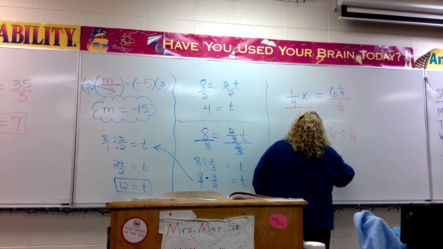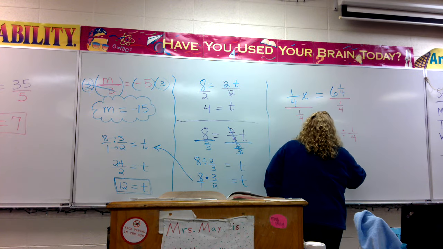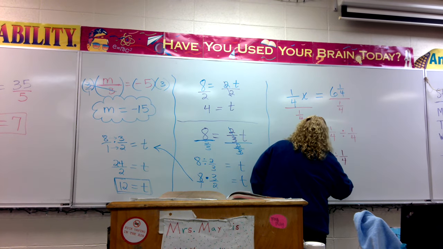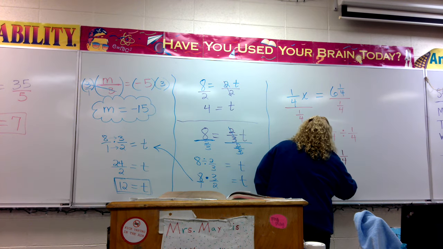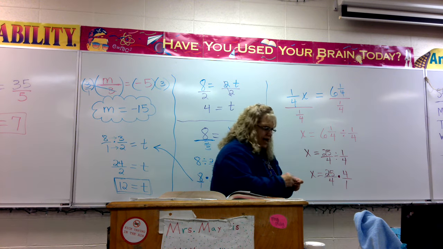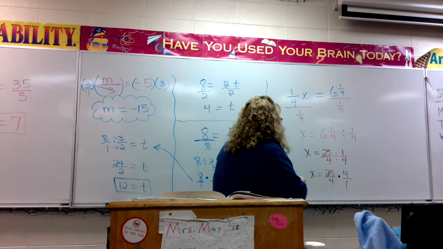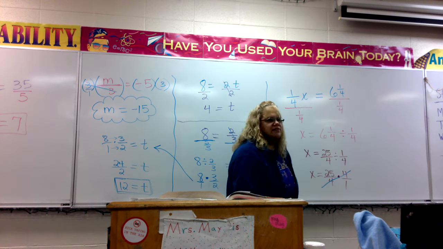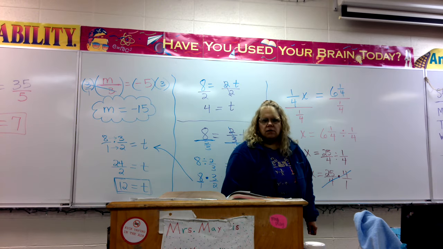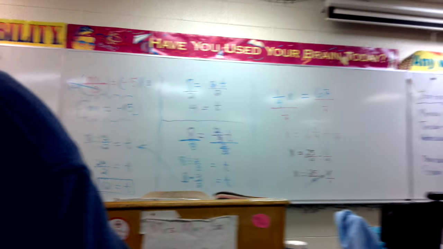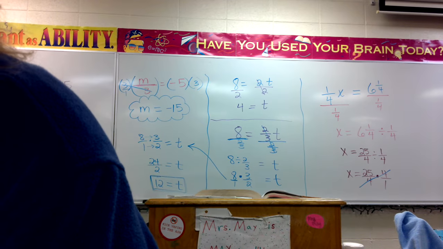I think that's 25/4 divided by 1/4. You don't have to write this out in a separate step. What do you do when you divide? Multiply by the reciprocal. So is that what I have? Do you mind if I do this? Look, it's perfect. Cross it off. Oh, I'm going the wrong way.